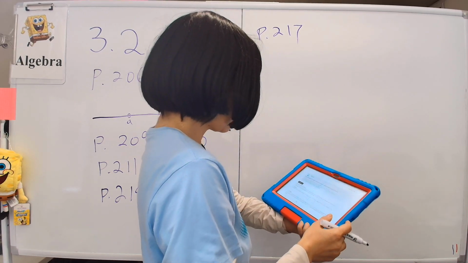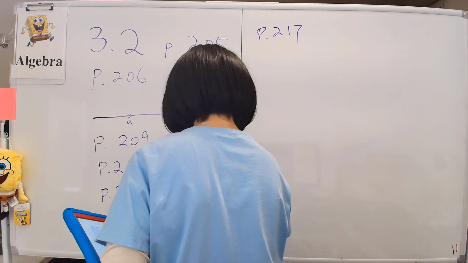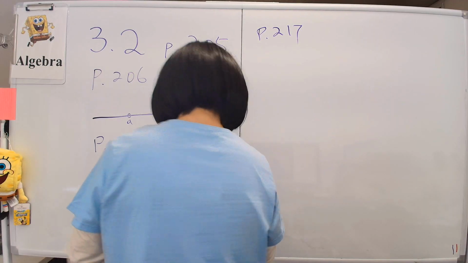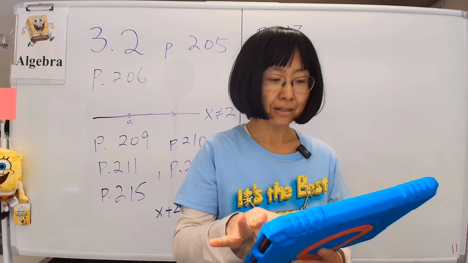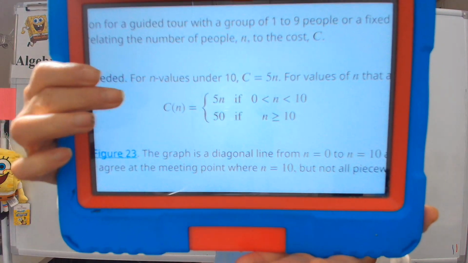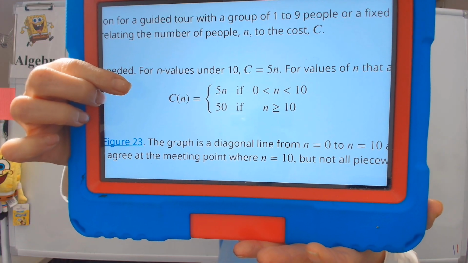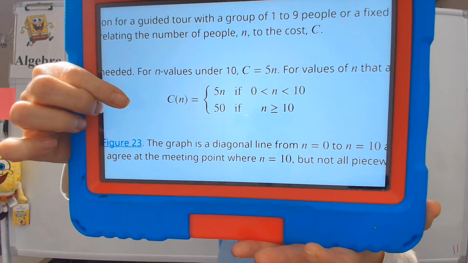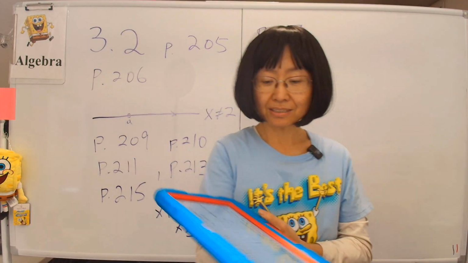We have some function, a charge. The cost of attending some museum is 5N if N is between 0 and 10, or $50 if N is bigger than or equal to 10, where N is the number of guys.